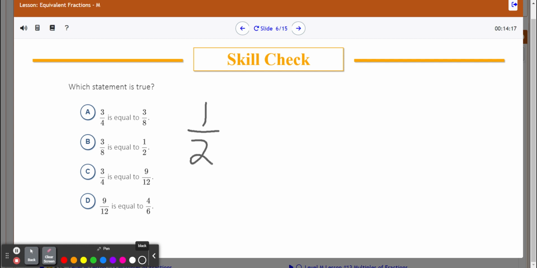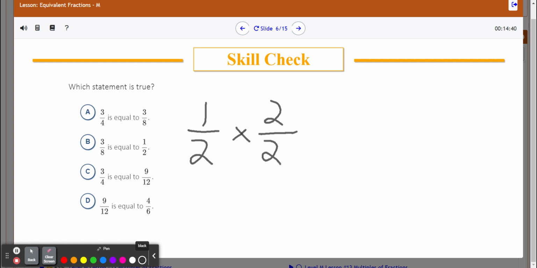So if you multiply the top and bottom by the same number, let's say I pick 2 over 2. Now remember, if the denominator and numerator are the same, it equals 1. And anytime you multiply a number by 1, you get the same number.